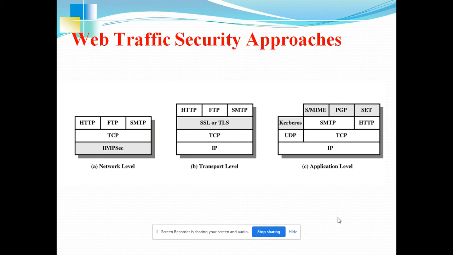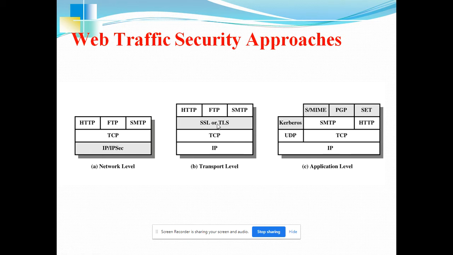In the network level, that is the network layer, we have the IP security concept to protect the data in the network. Whereas in the transport level, we have SSL, Secure Socket Layer.